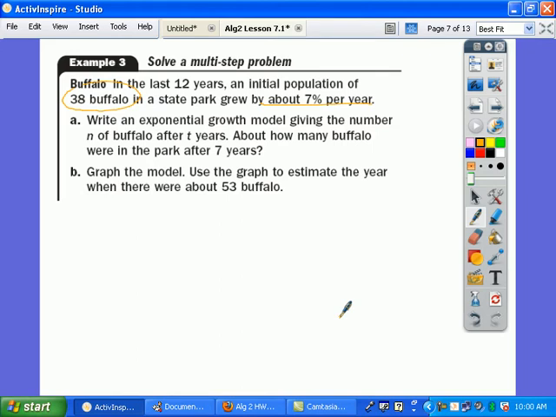This is going to be an abstract formula. So n equals our starting amount, 38 buffalo, times 1 plus 0.07, 1.07. And they don't tell me how many years, they just say t years, so all to the 10th power.